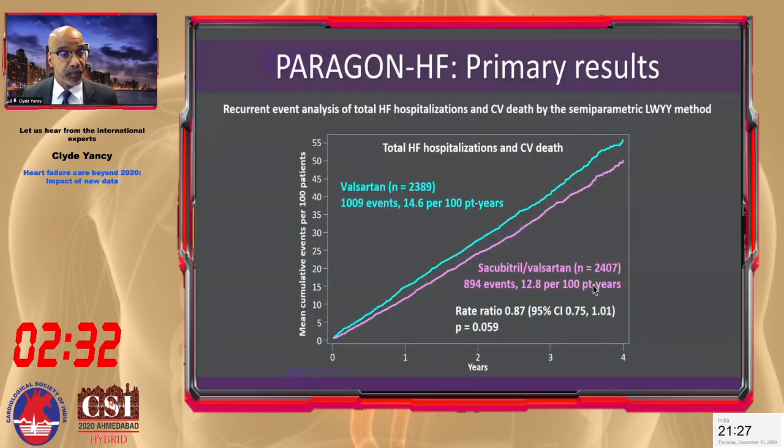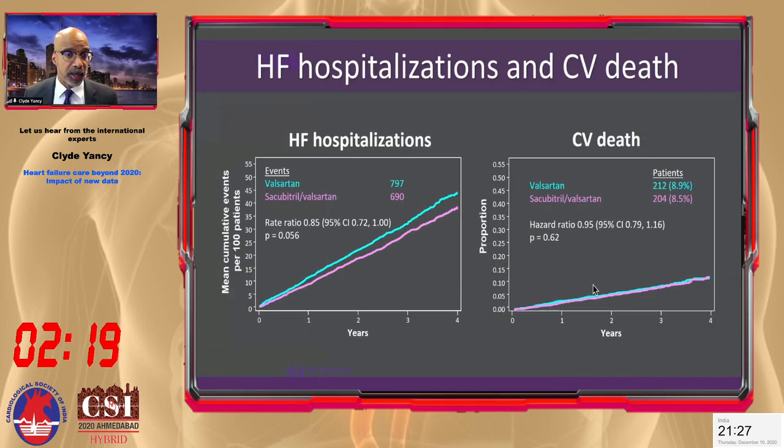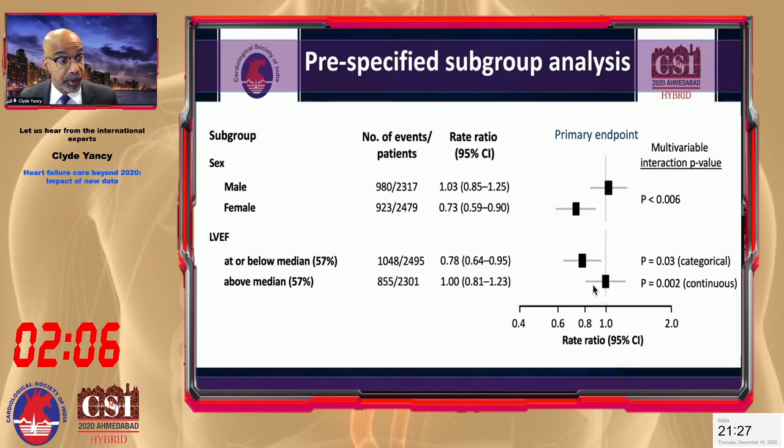What were the data? A near miss, just barely missed statistical significance in favor of the ARNI compound in patients with HFpEF. This is different from Paradigm-HF, which was in HFrEF. If we then break the composite endpoint into its component issues, we see the signal a little bit better, but still not statistically significant for hospitalizations. But it is here where we become very intrigued, because in women, it looks as if the point estimate was very suggestive.